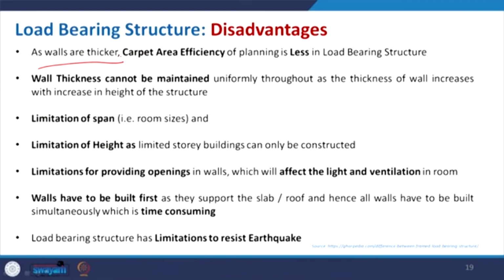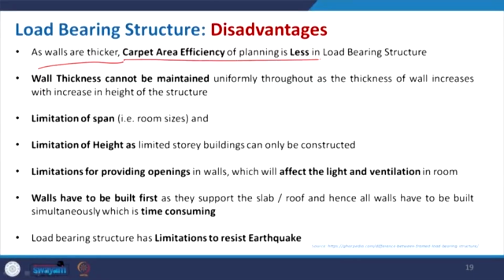Coming to the disadvantages, because we have to provide thick walls, we have to compromise the carpet area, the interior space. So the carpet area efficiency in planning is very low, and that is why it is not much in practice nowadays, and we move to frame structures, thin wall structures or steel structures where we can maximize the interior space.